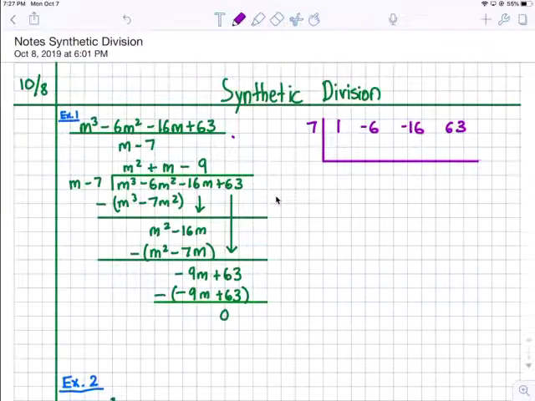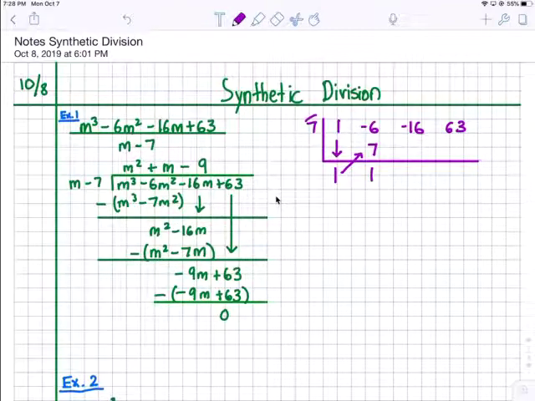Now here's how we go about this part. We drop the first one and put it right there. Then you ask yourself, 7 times 1 will give me this value, so 7 times 1 is 7. Then we add -6 plus 7, which is 1.